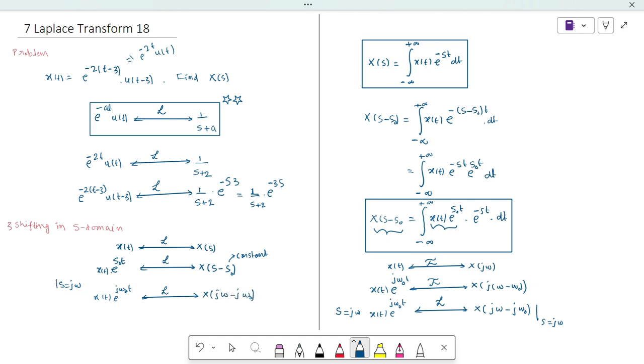So this is the case for s equal to j omega. There is no difference. It is a very small difference: only s equal to j omega is considered in the Laplace, and it becomes the continuous time Fourier transform.